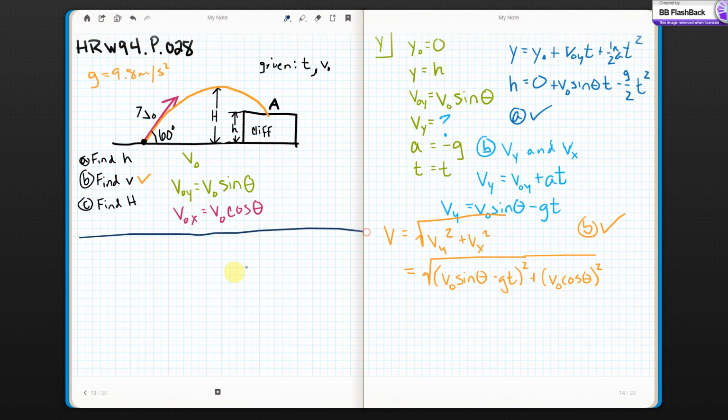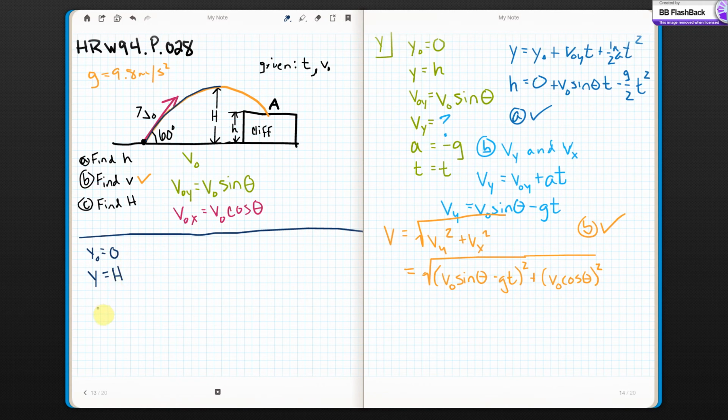In this case, it's y again. I'm still starting on the ground. I'm only going to do this bit of the path from here to there, and then I'm stopping the problem. So the problem stops at h. So that's my position at the end.